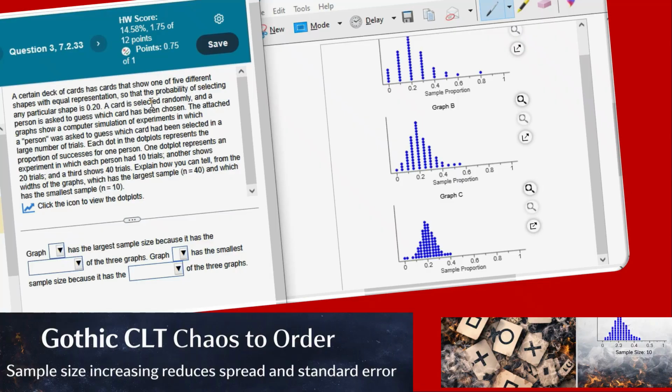So when we look at this, what it's asking: the text graphs show a computer simulation of experiments in which a person was asked to guess which card had been selected. Each dot in the dot plots represents the proportion of successes of one person. One dot plot represents an experiment in which each person has 10 trials, another shows 20 trials, and a third shows 40 trials.